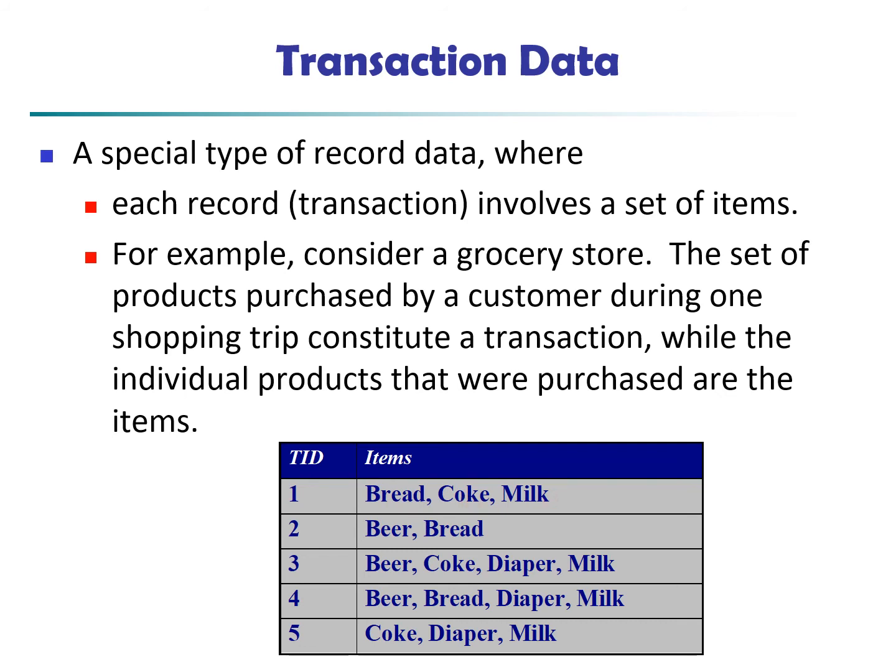However, transaction data gives us more than just the fact that the transaction had bread, Coke, and milk. We are able to know the quantities of these items and the prices of these items, and these can be used in further analysis.